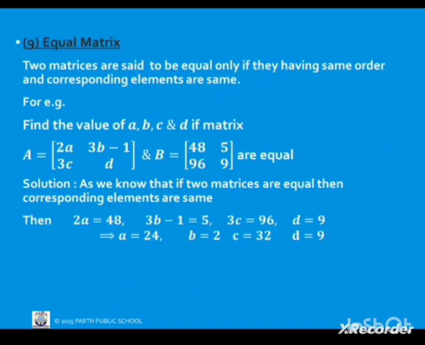And last type is equal matrix. It is a very important matrix, and there can be a 1 mark question in MCQ form based on this matrix.